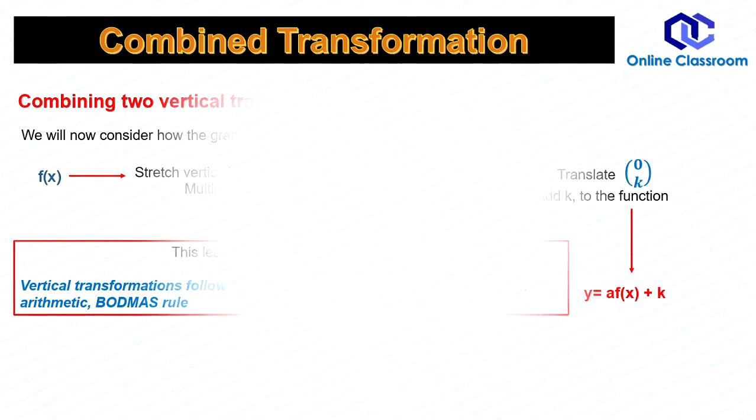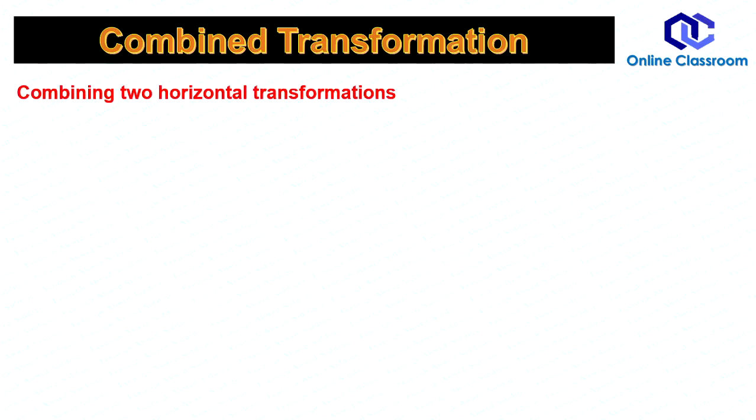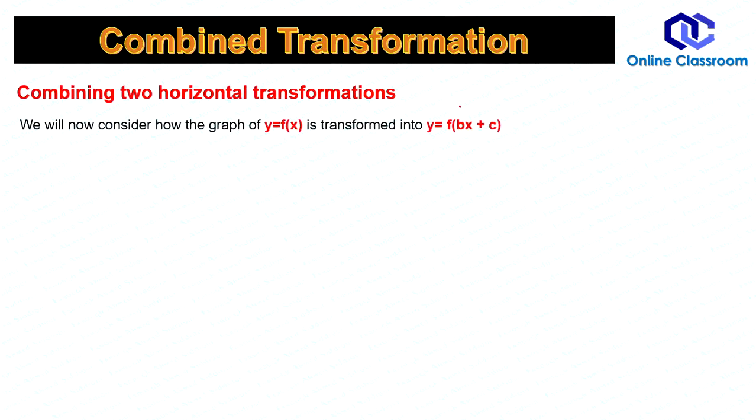If both transformations are horizontal, then there's a problem. Like this: this shows stretching with the stretch factor 1 over b, and this shows minus c, 0, that is a horizontal translation towards the left. You see the sign is always changed. How to do it? Here you should do first the part which is being added, that is the opposite of the normal mathematical operation.